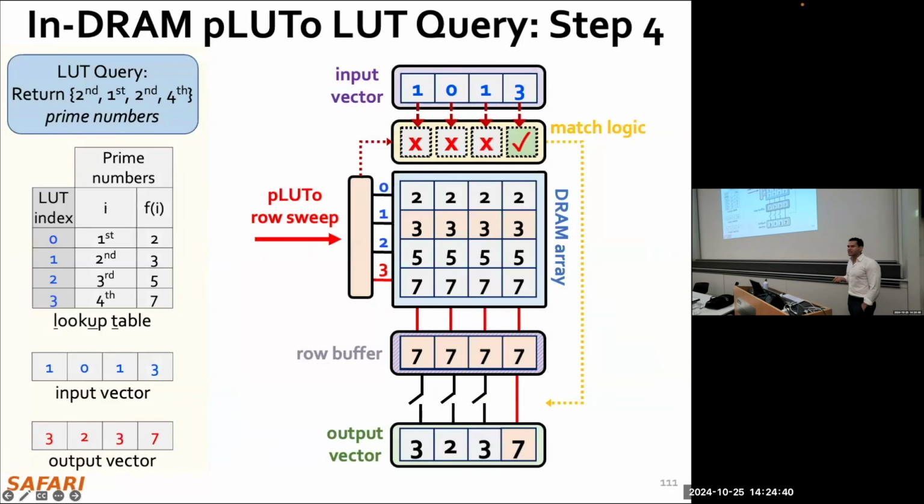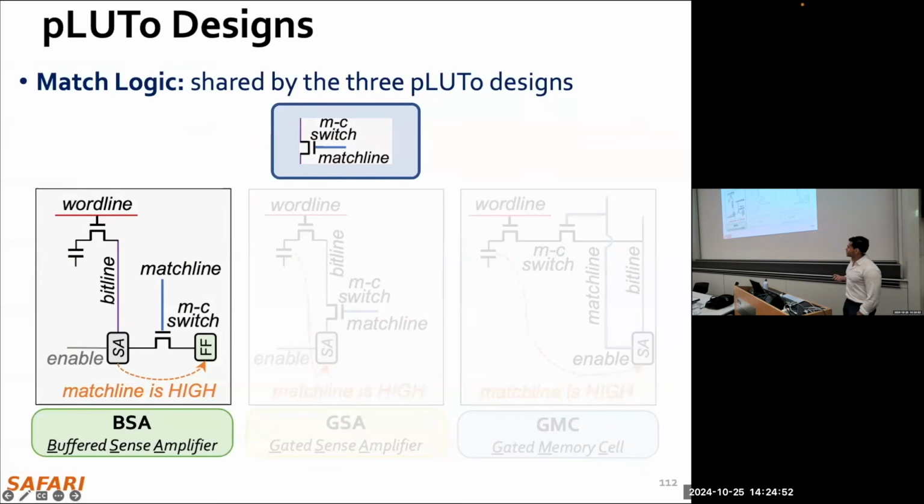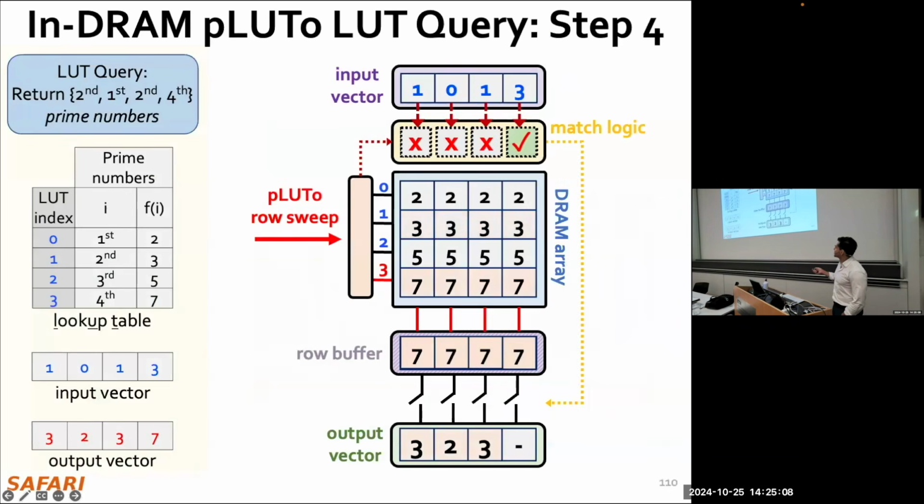Okay, so the question that would be natural to ask now is how do I implement this matching logic here? Because that would lead to different trade-offs. So because of that, we implement 3 different versions of Pluto, which have different trade-offs for the matching logic. The first implementation is what we call the buffer sense amplifier design, which is exactly what I just mentioned in this example here.